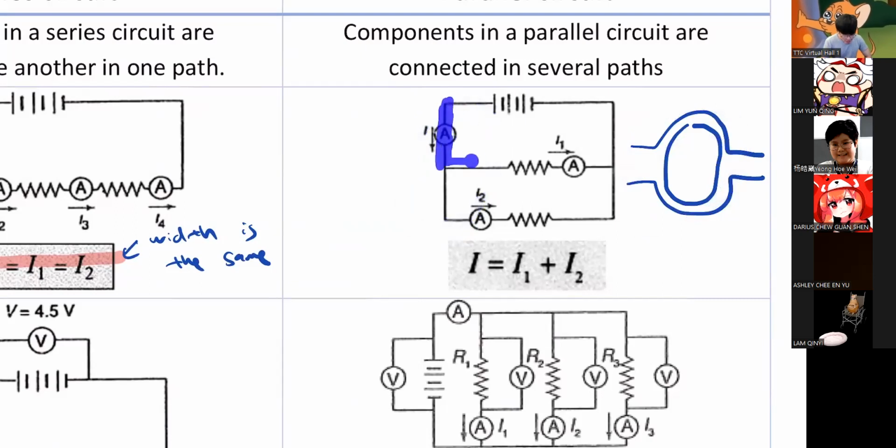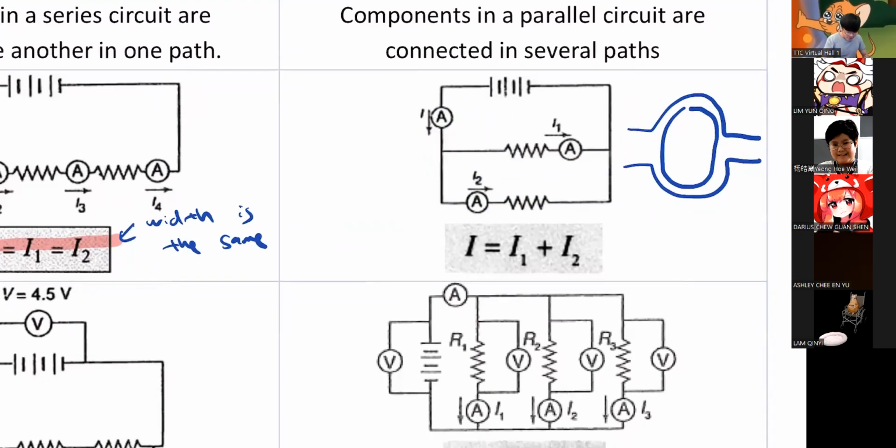Now the main river splits into two, and then they go, and then they join back. So split into two, join back. 分两条，再 join 回来大条的。So you see, one main river splits into two rivers, then joins back into one main river.